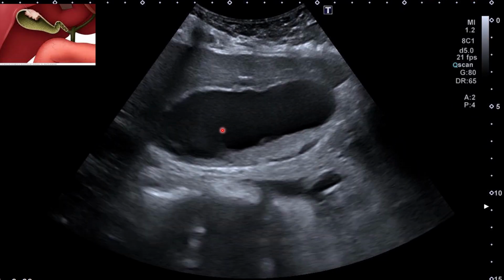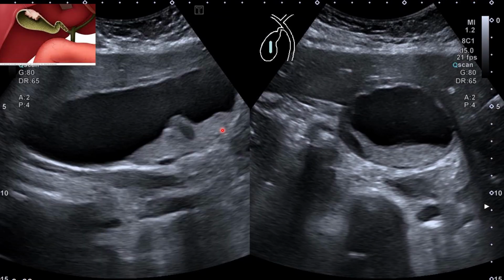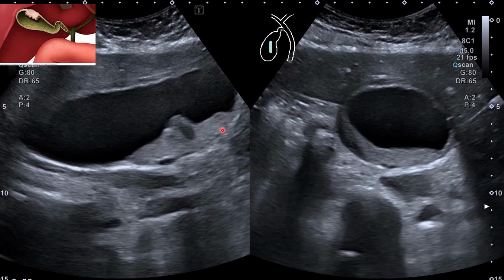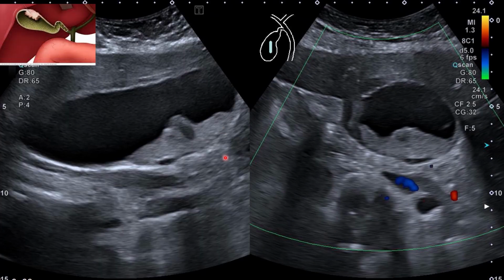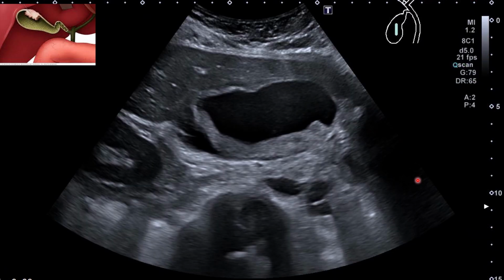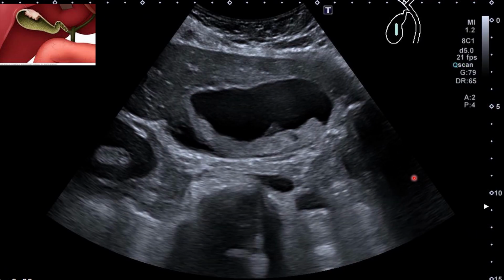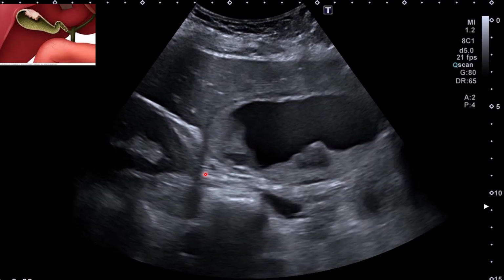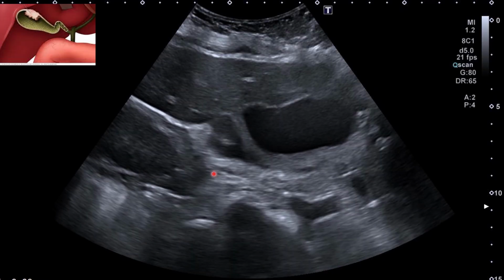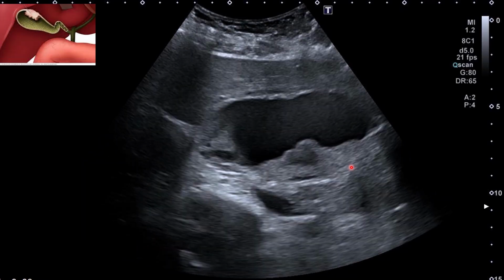So what's your take? Can you help me with this one? What do you think this could be? Is it gallbladder cancer, or is it tumefactive sludge? If you look at the posterior aspect of the gallbladder, you can see there's enhancement.